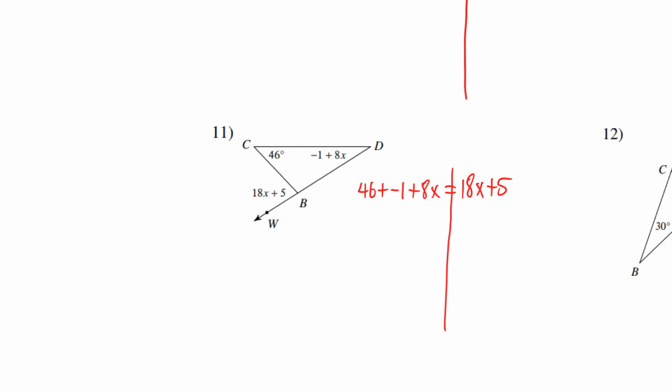So like that. So it's 46 plus negative 1 plus 8x equals 18x plus 5, which you could have written negative 1 plus 8x plus 46. Same thing. Okay, and so just to show you what's going to happen here, this 46 plus negative 1 is just like 45. So you're going to have 45 plus 8x equals 18x plus 5.